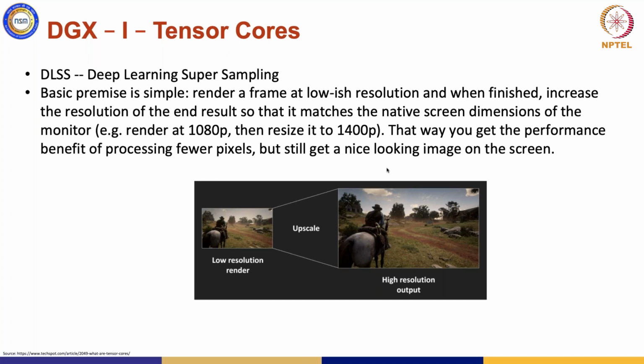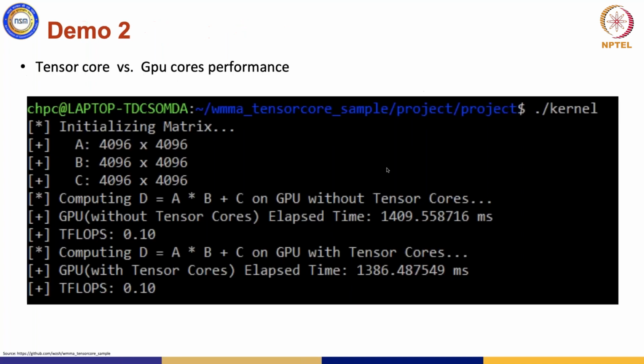Okay, so now there is a demo which we thought we will show you, of a matrix operation on a hardware which has tensor cores, and this is how the result will look.